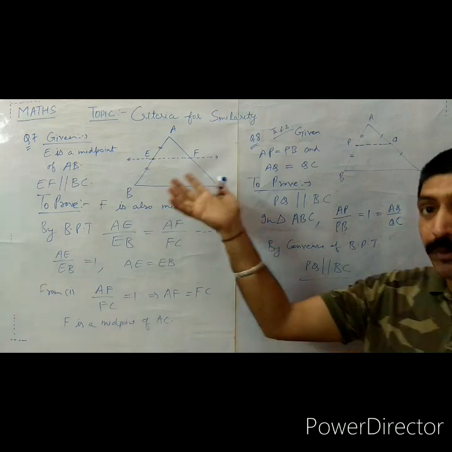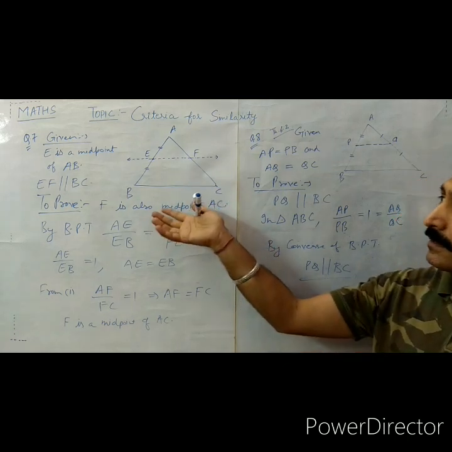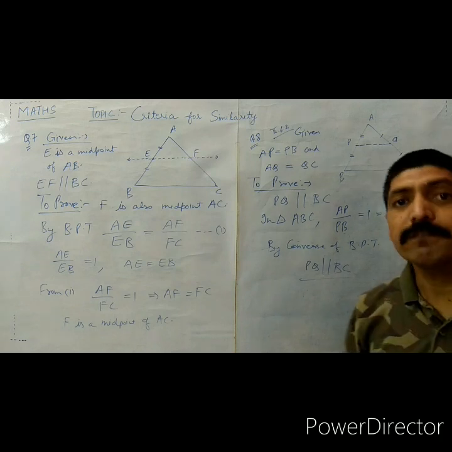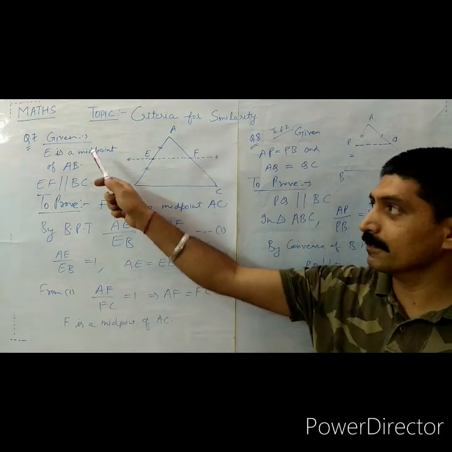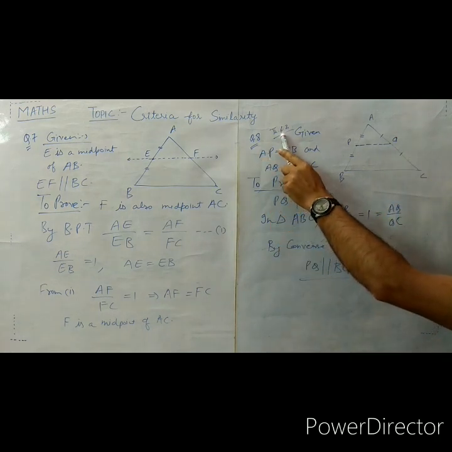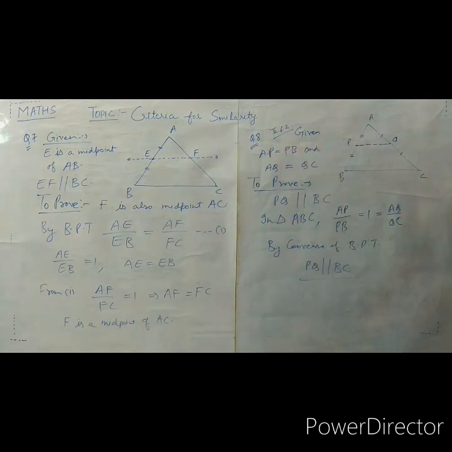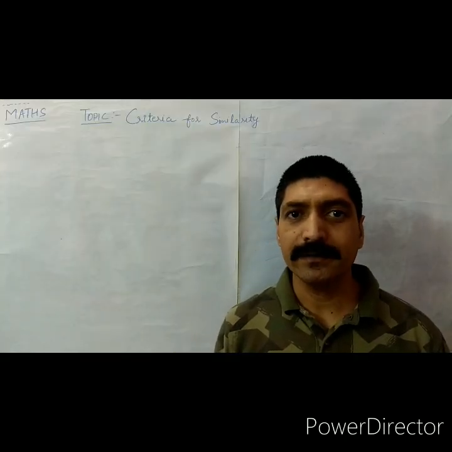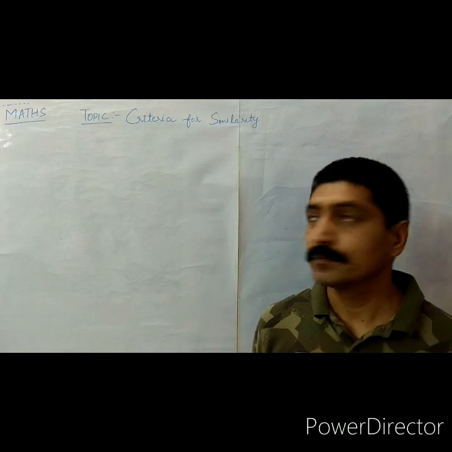The topic was the midpoint theorem, but here we are solving both questions with the help of the basic proportionality theorem, 7th with the basic proportionality theorem, and question number 8 with the converse, that is theorem 6.2. So the last question is question number 10, exercise 6.2.